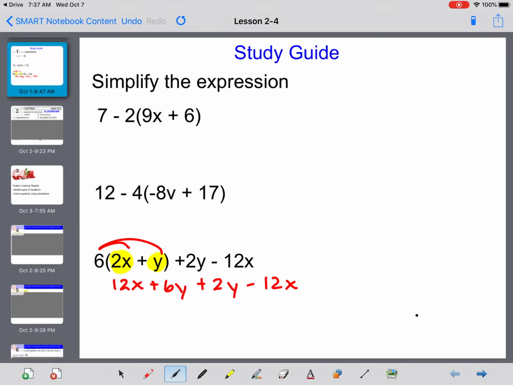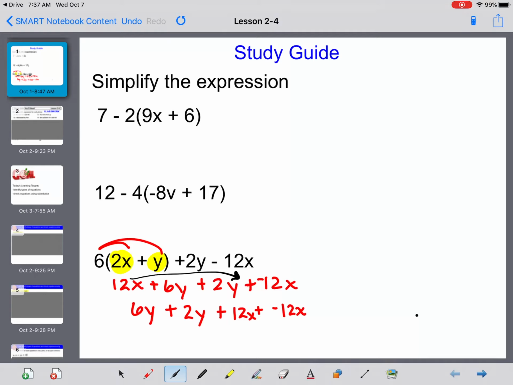So I'm going to move this 12x over here. 6y plus 2y plus 12x, and then at the same time, I'm going to switch this to adding the negative, plus negative 12x. That was the commutative property.